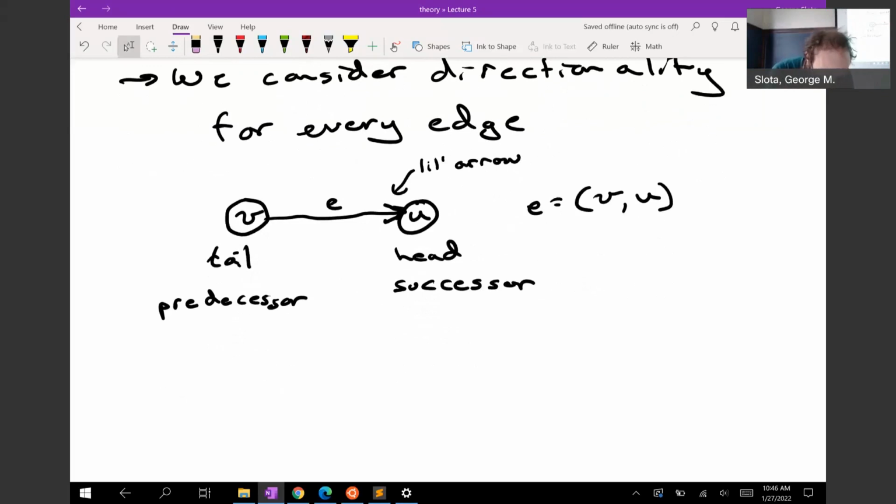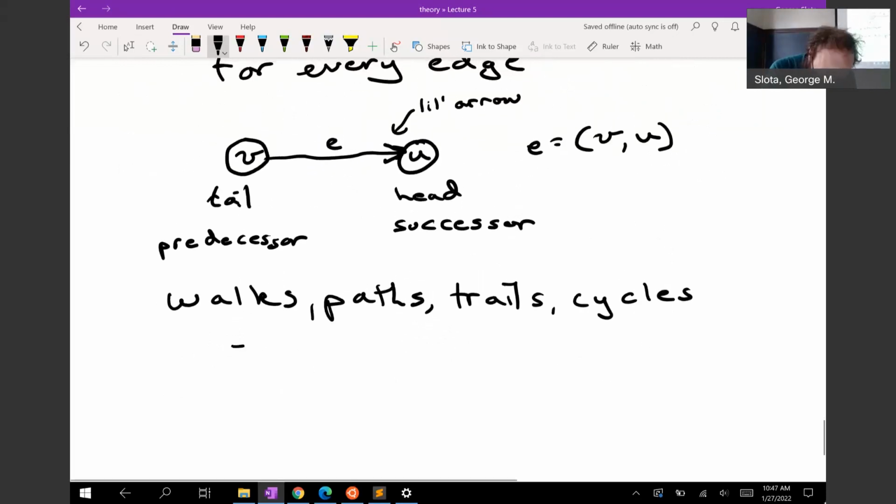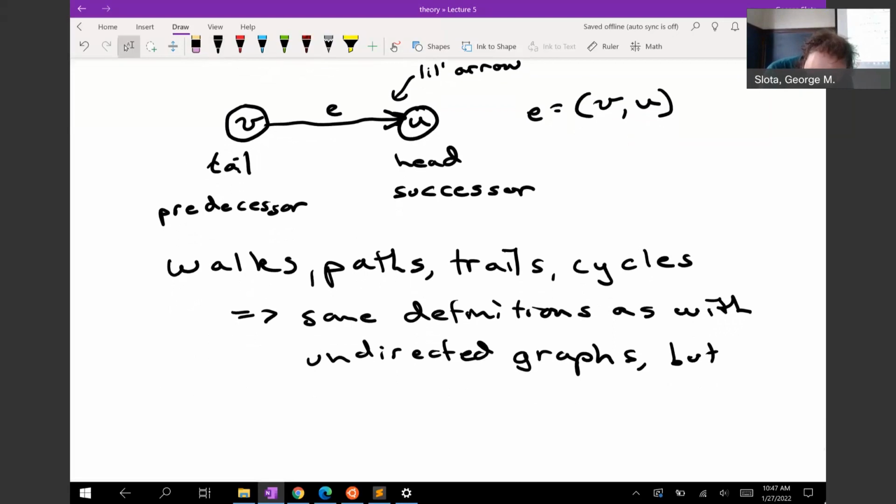So walks, let's just write it out. Walks, paths, trails, cycles: same definition as with undirected graphs, but they must follow edge direction.